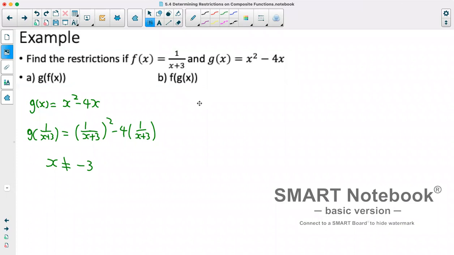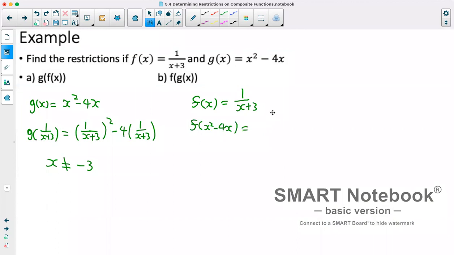That's when we've got f of g of x. So we start with our outer function. So we've got f of x equals 1 over x plus 3. And then we are substituting in our g of x. So it becomes f of x squared minus 4x.